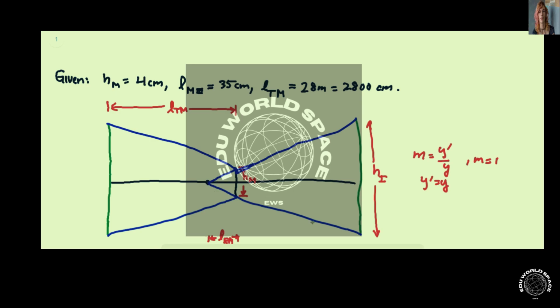So in order to find this, let's label in some angles. Let's just call this angle theta. So these two angles are the same. So we'll call this theta. And let me define another length, namely this length here.